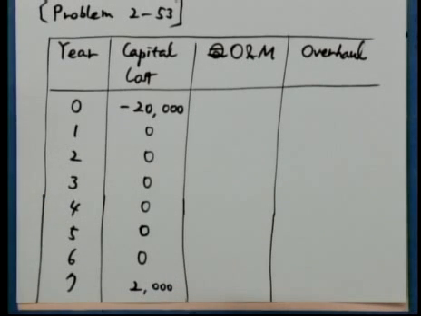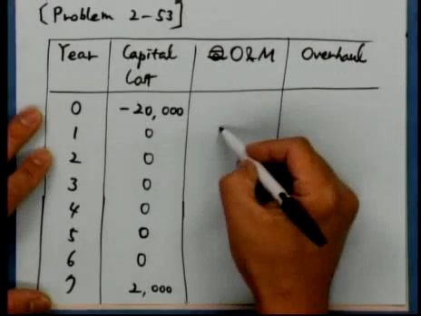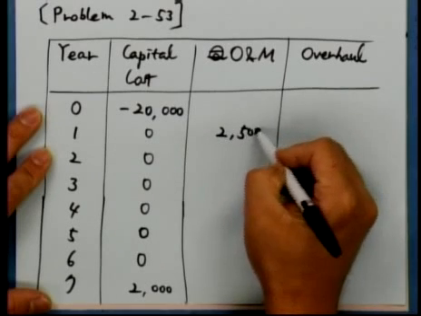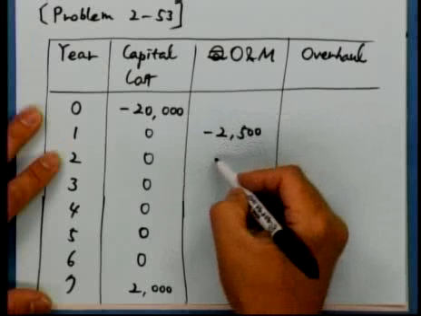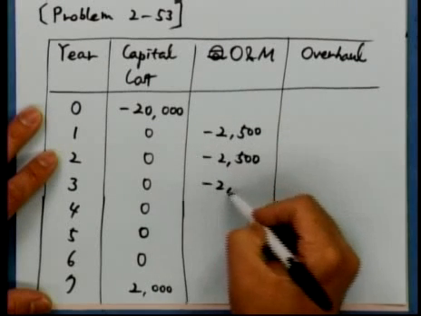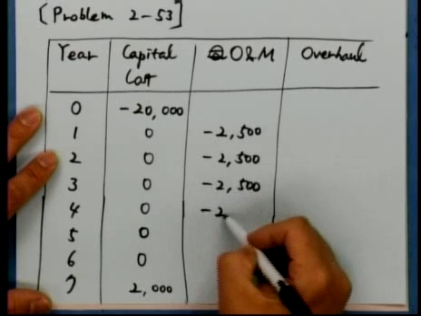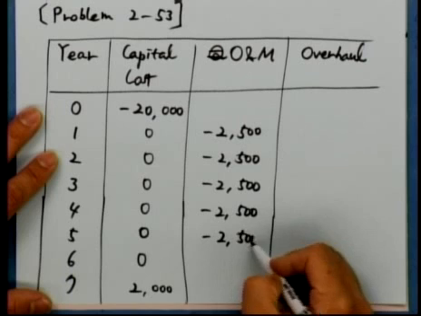The maintenance cost will be $2,500 per year, so I'm going to put a negative sign there: negative 2,500 each until the end of year 7.